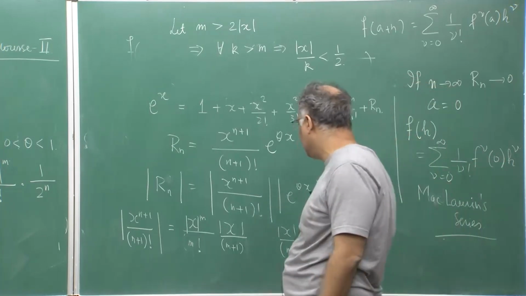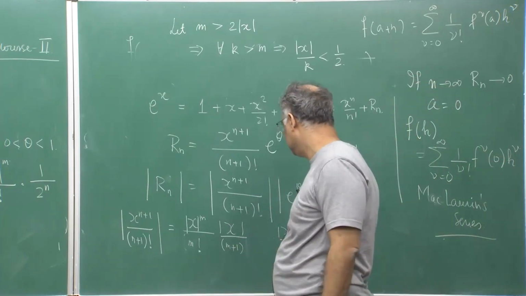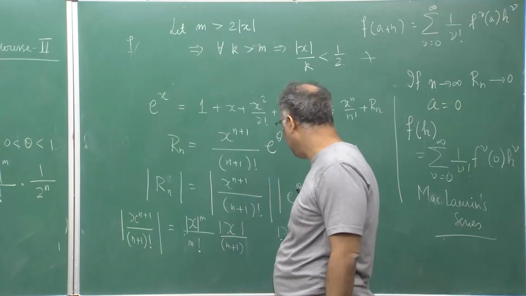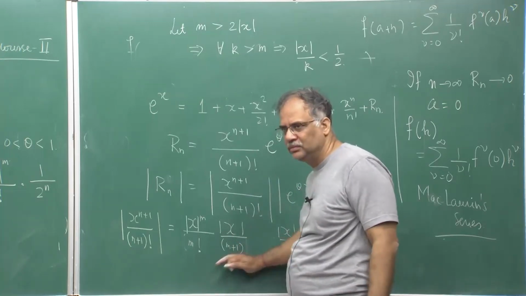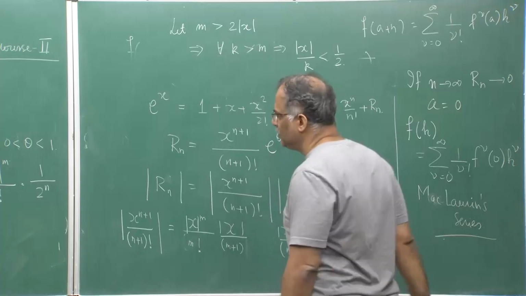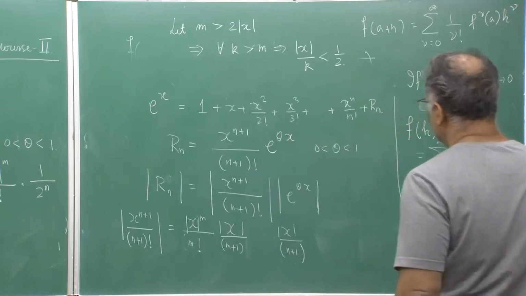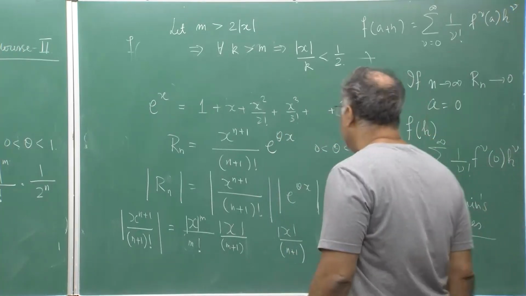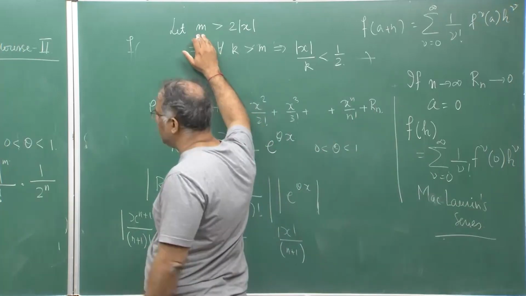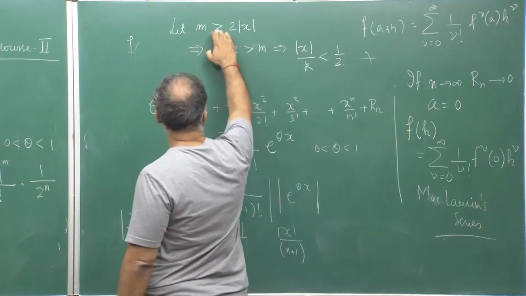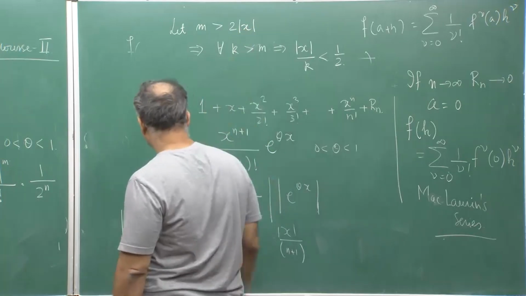So, how many terms are here? Here we have n plus 1 minus m terms, right, m terms are being taken off. And let us now take m such that the value of m is strictly bigger than 2 mod x.